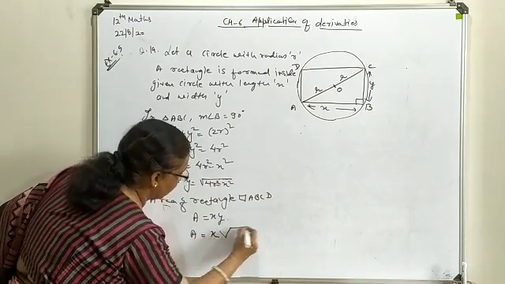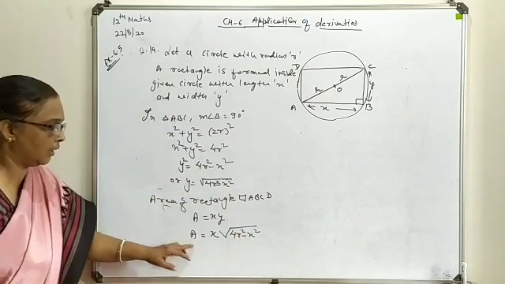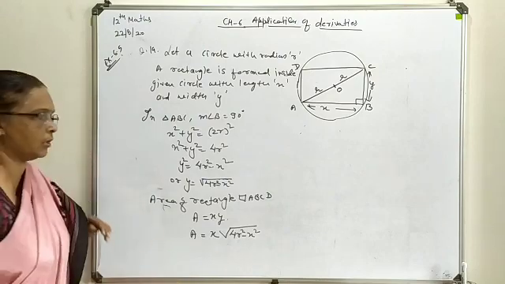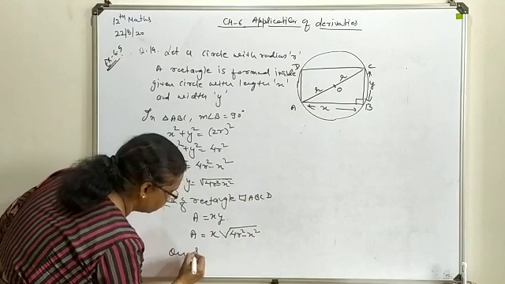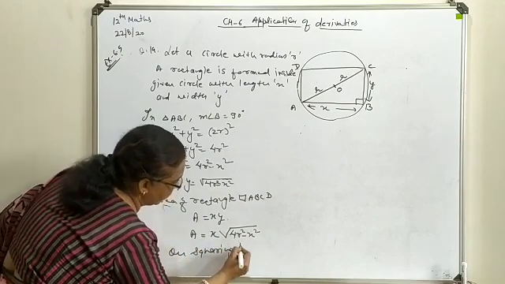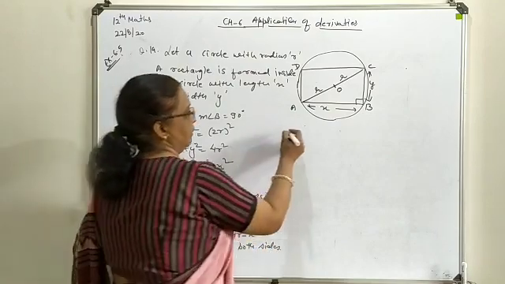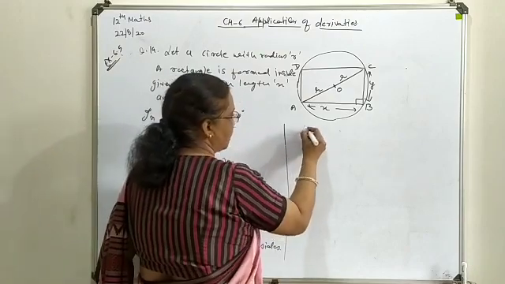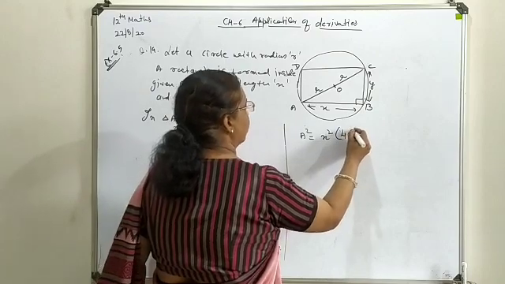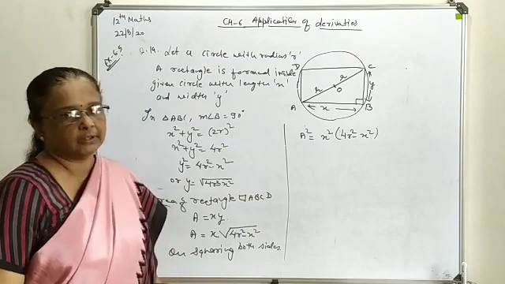This will be x under root of 4r square minus x square. For convenience, we are going to take the square on both sides, so we can easily handle the situation. On squaring, A square is x square into 4r square minus x square. Now it can easily be sorted out for further differentiation.